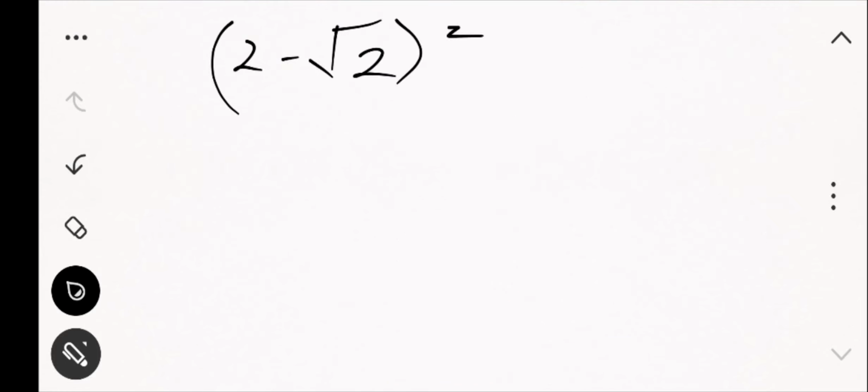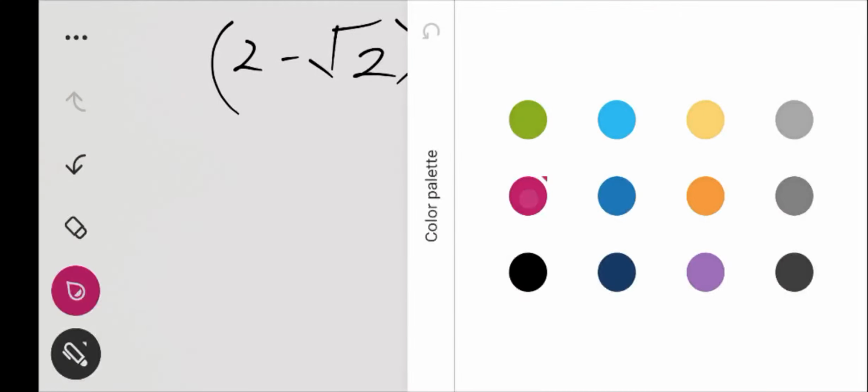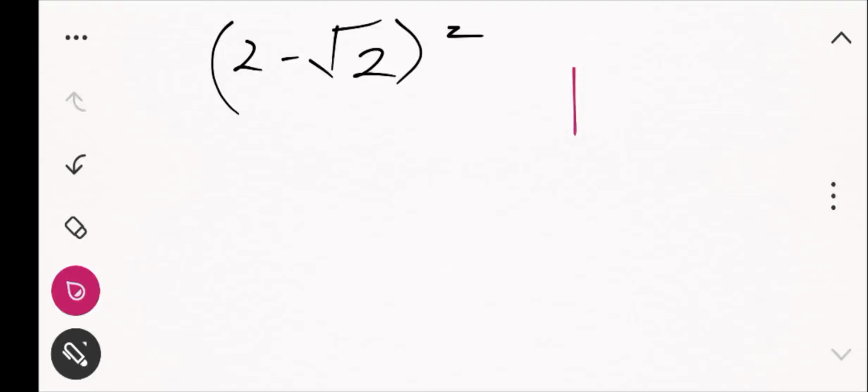Okay, now assuming you want to use the Pascal's triangle, remember the power 2. What are the coefficients of power 2? If you remember, you don't have to throw what you have learned away. 1, 2, 1, right?